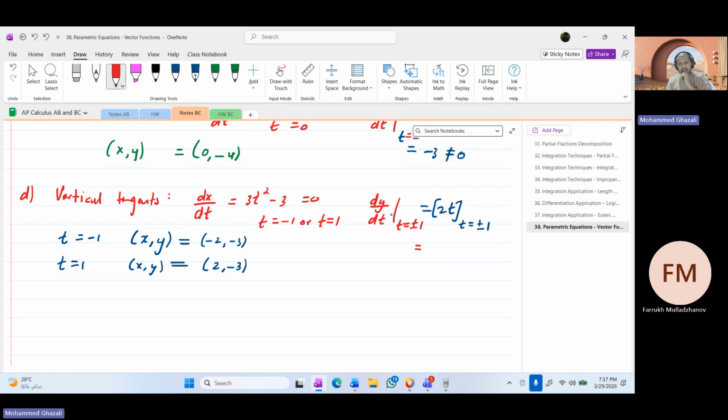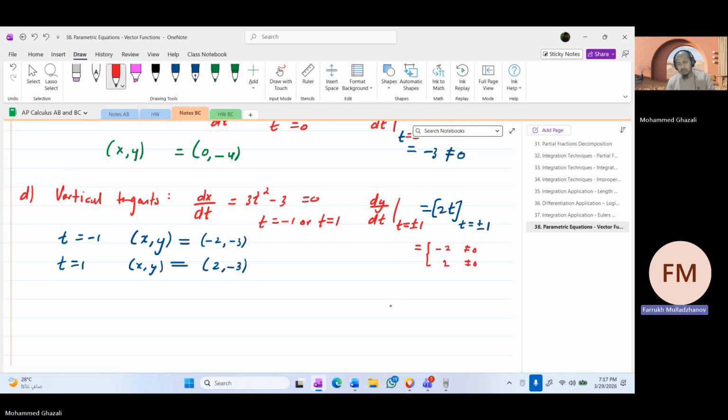Okay, let's evaluate dy dt. If you substitute positive 1, you get negative 2. That is not 0. If you substitute negative 1, you get 2 times negative 1, which is negative 2. And that's also not 0.